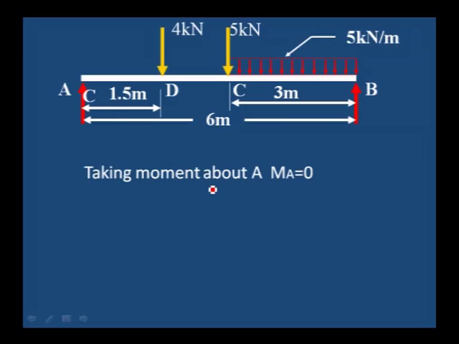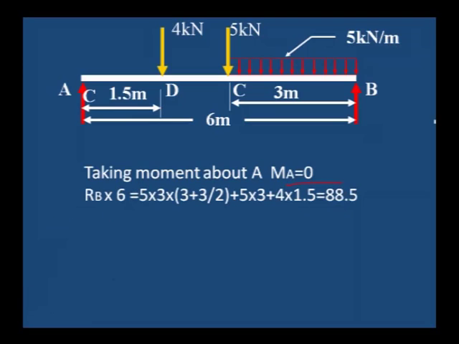Let us take the moment about A. RB into 6 meter span, RB being the value at the right support, is the anti-clockwise moment, and it is equal to the clockwise moment.